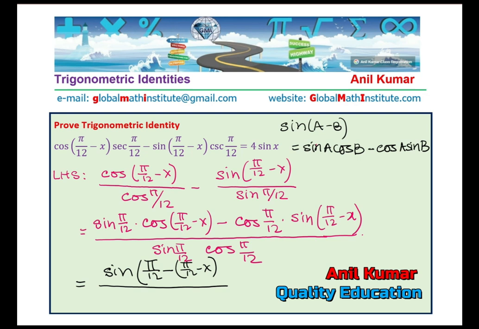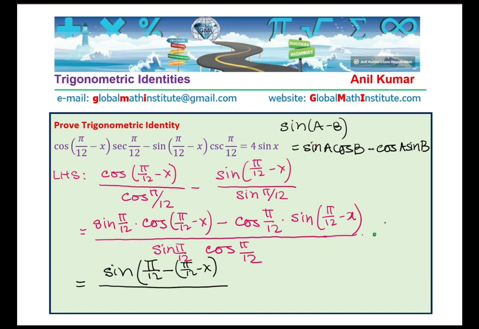How about the denominator? Now, the denominator has a term sine a cos a, which is missing a factor of twice. If I multiply and divide by 2 here, what do I get? Let's do this. We'll multiply and divide by 2. So what we get is kind of 2 sine theta cos theta, correct?